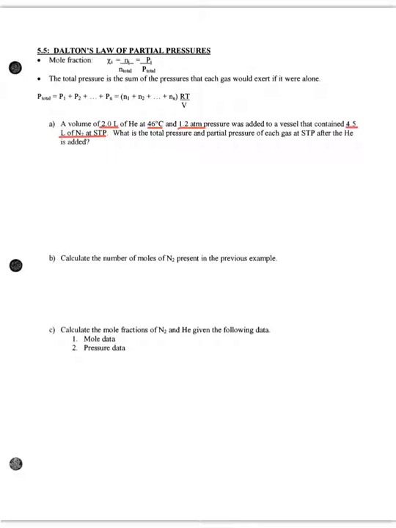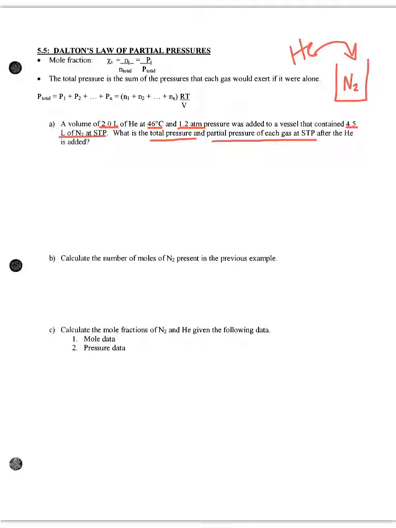It wants us to find the total pressure and the partial pressure of each gas at STP after the helium is added. So in other words, we have a container, and inside this container is the nitrogen. Then what we are adding is the helium into that container.